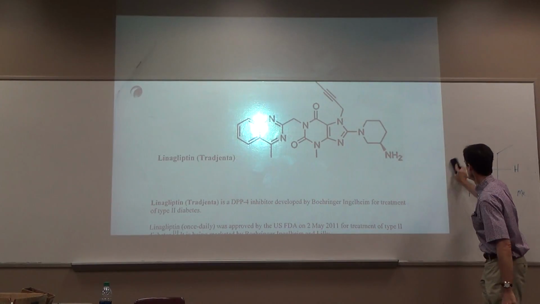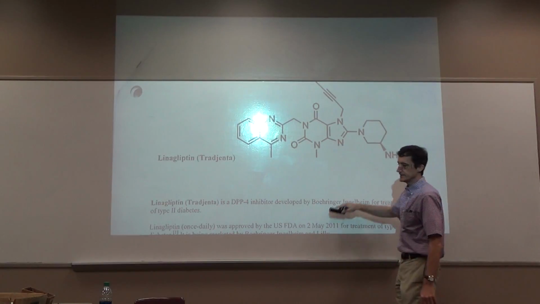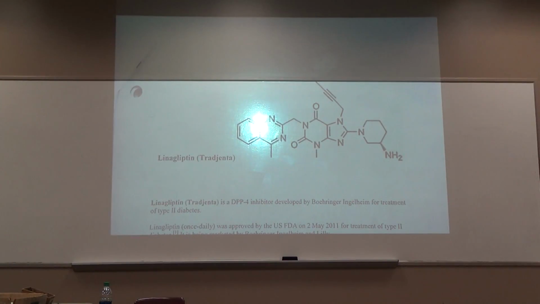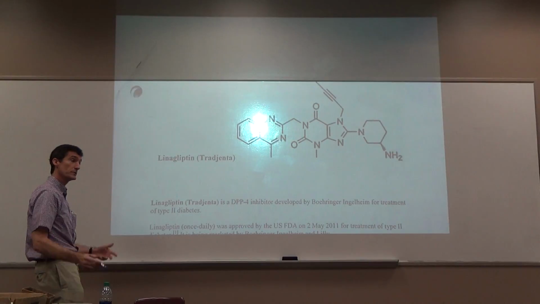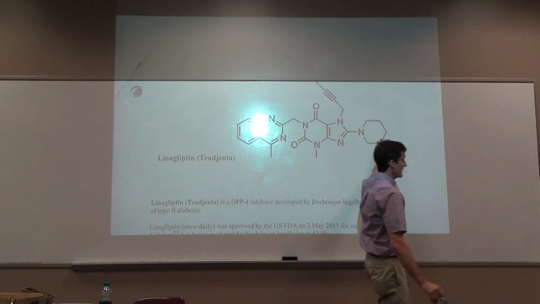You can't tell. The rotation of plane-polarized light is very hard to determine. It's very random. But it will rotate light one way or the other. And the enantiomer will do it just the opposite, equal and opposite. But this drug is only given as one enantiomer.